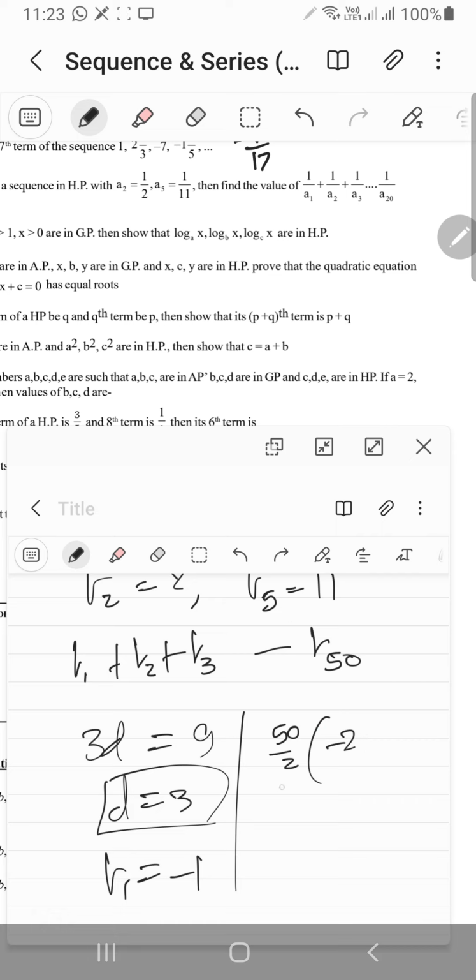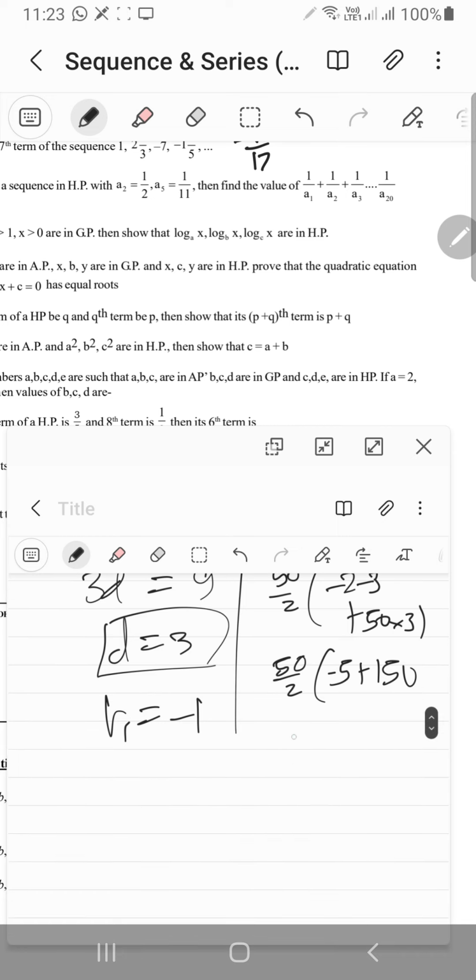So d is 3 minus 3, and then plus 50 times 3, I think, right? And d. Cool. This is the sum. Let's calculate this thing. So 50/2 into -5 plus 150. So it's 145 into 50/2. Yeah, it's like 145 into 25.